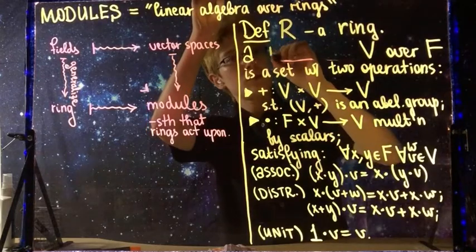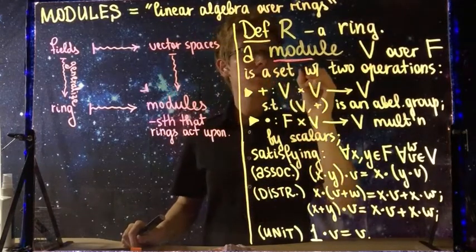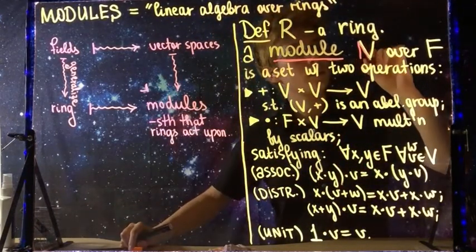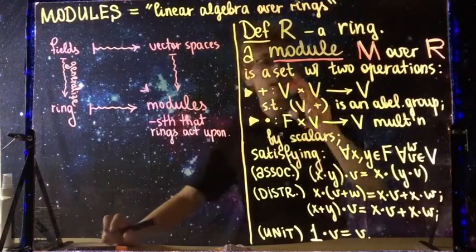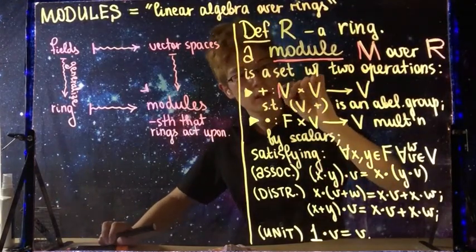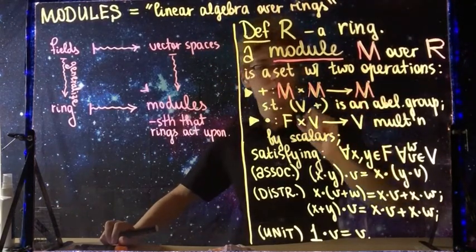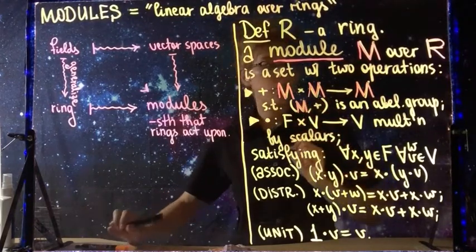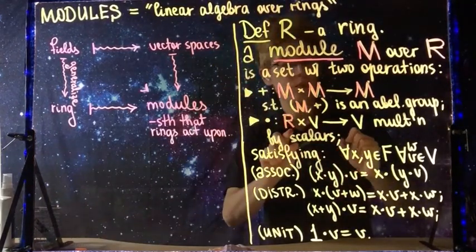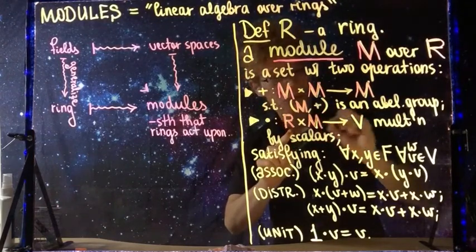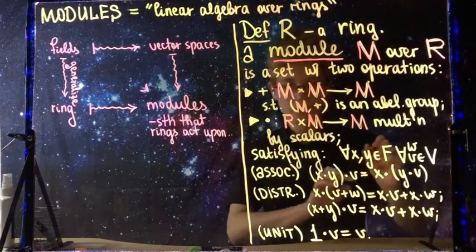And we say that a module, I will denote it by M, over R is a set M with two operations, addition, M times M goes to M, such that with respect to addition M is an abelian group, and multiplication by scalars, but this time we can multiply by elements of a ring, R cross M goes to M, which satisfy the same relations.